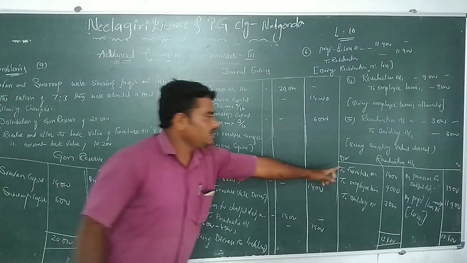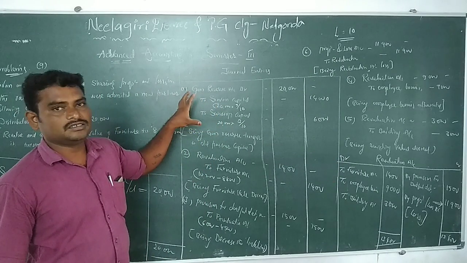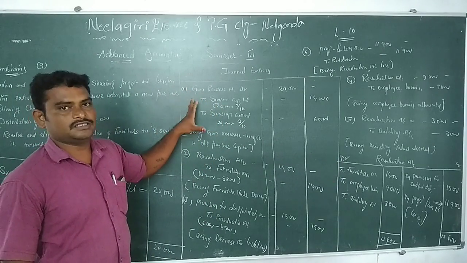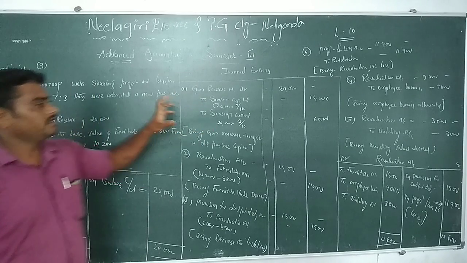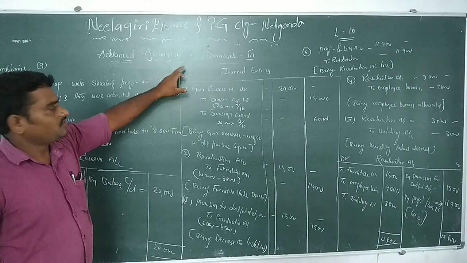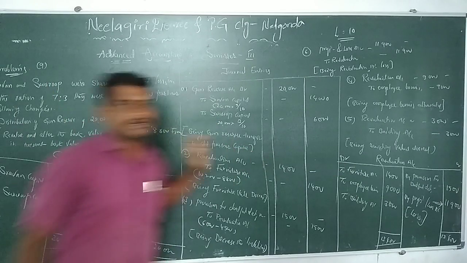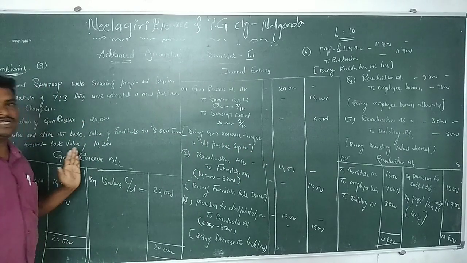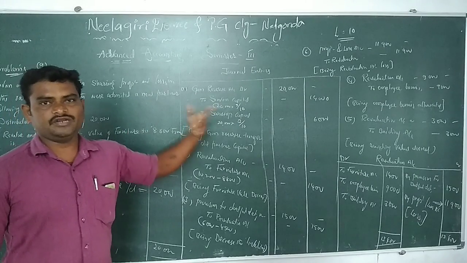This totally depends upon the journal entries. First of all, we have to learn the journal entries by heart, whether assets increase or decrease, liabilities increase or decrease. Okay, next problem, next video, next class.